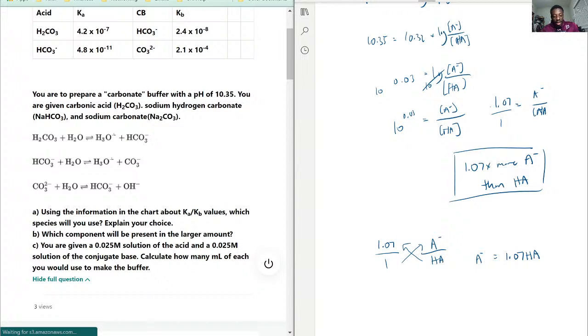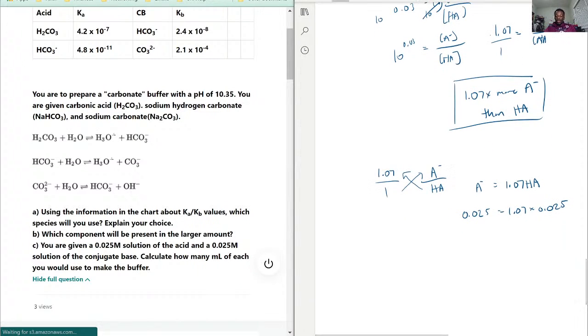Alright, and if we've gotten 0.025 moles of each, we have 0.025 is equal to 1.07 times 0.025, which isn't the case. It's just like them equaling each other, but we're trying to now convert this in terms of mils. But for this to work, we have to make a very big assumption here.